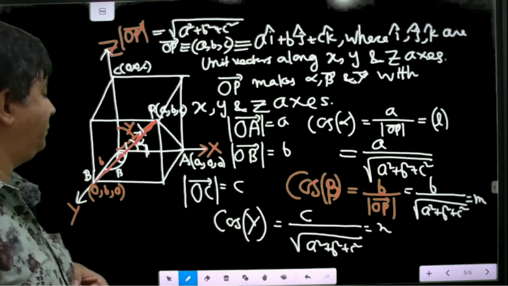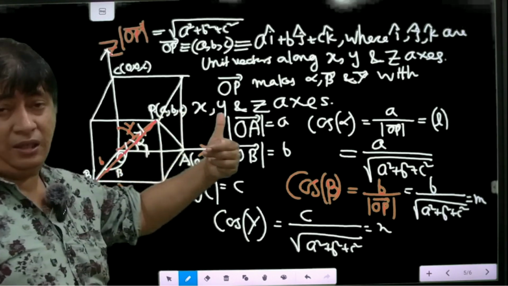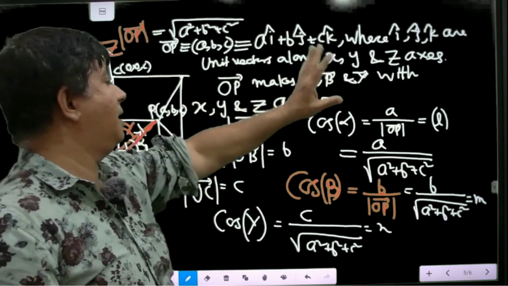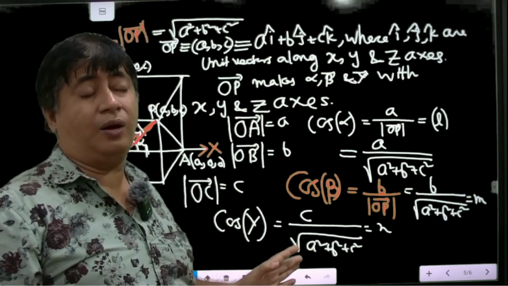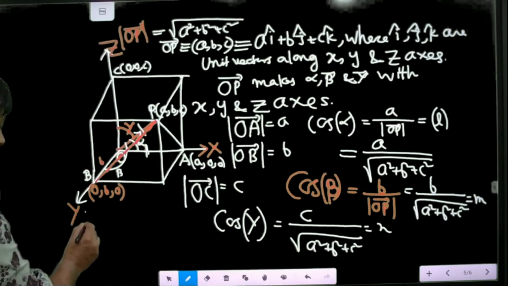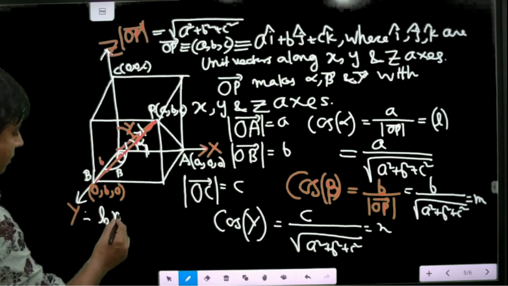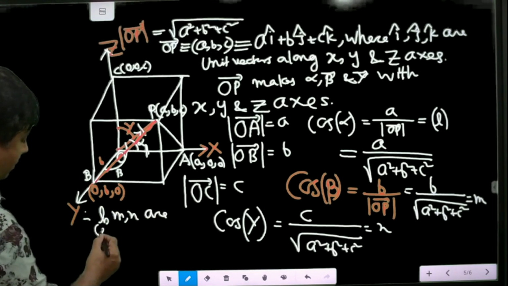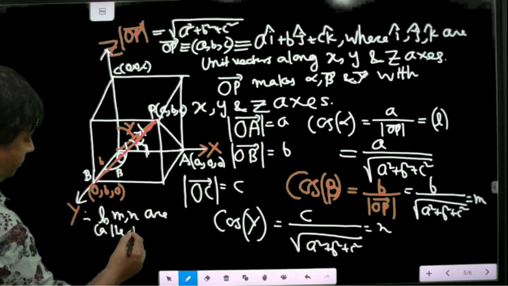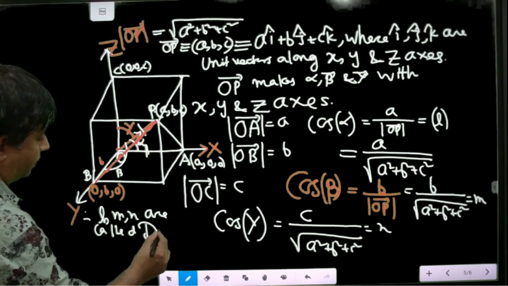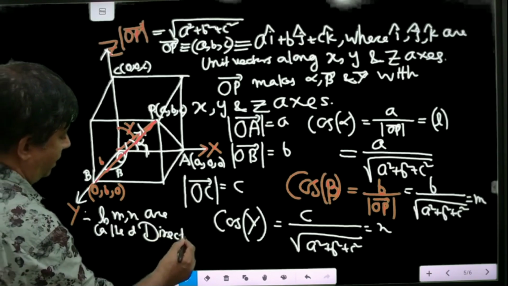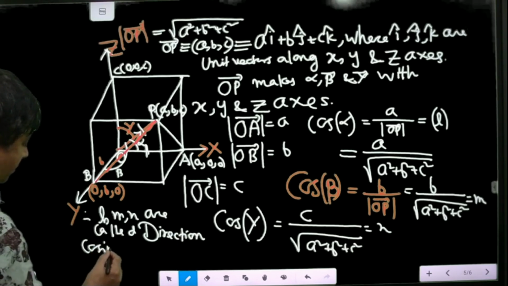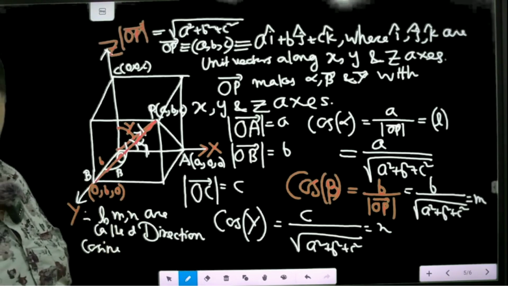Direction cosine of a vector P, which makes alpha, beta, gamma angles with the coordinate axes. Therefore, L, M, N are called direction cosines.